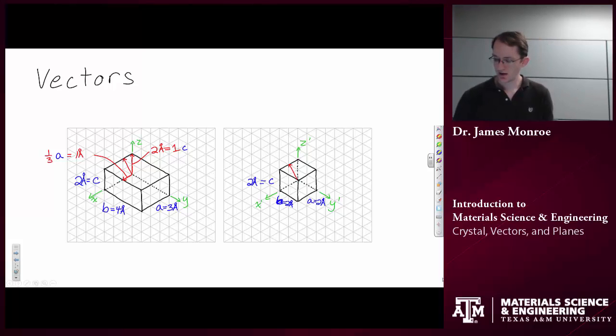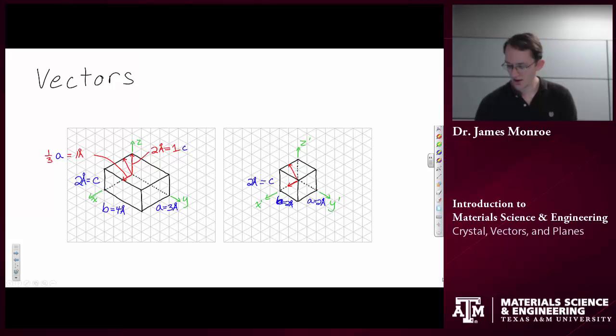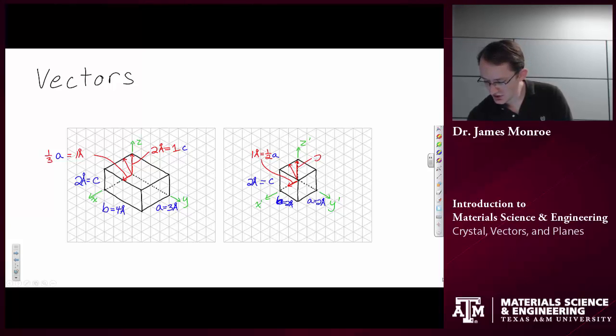Now let's turn our attention to the other vector, the vector in the cubic system. The component in the x direction for this one is going to be equal to 1 angstrom. But unlike the orthorhombic crystal, this is equal to 1/2 of A, not 1/3 of A. And this component in the z direction is equal to 2 angstroms.